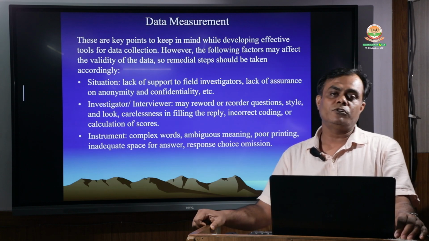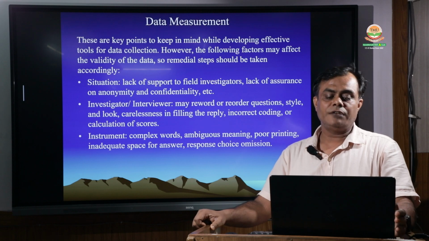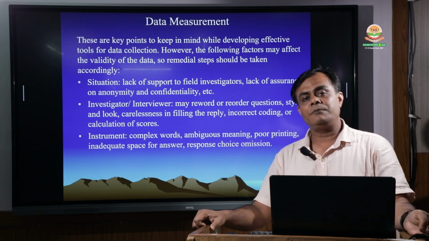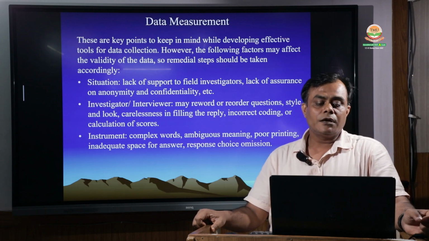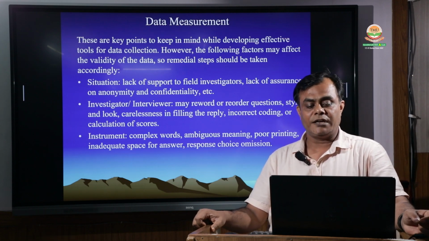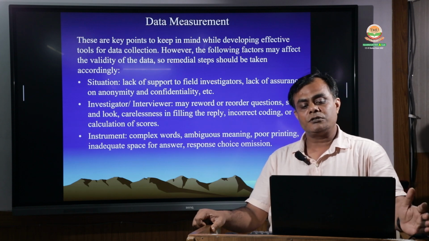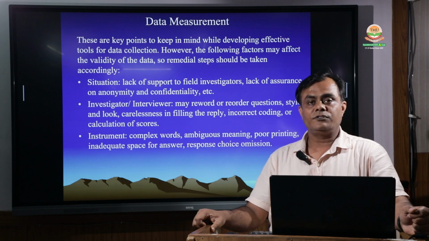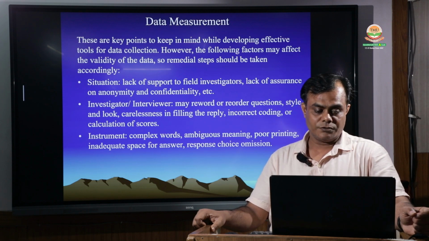They are sometimes not able to follow the style they have taken. Sometimes they are careless in filling the replies, coding incorrectly, or calculating scores incorrectly. These are the problems related to investigators or interviewers when collecting data, and this leads to an increase in measurement errors.